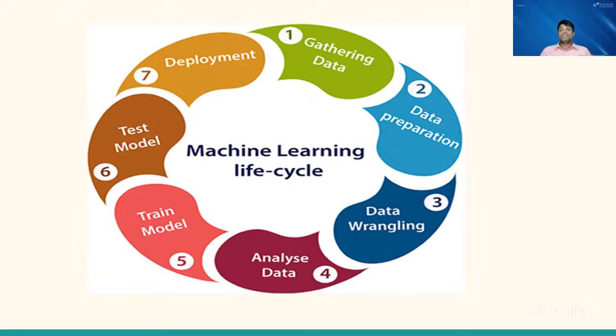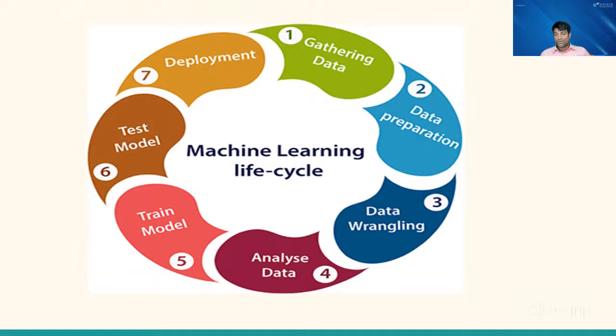Please understand. So then, we start gathering the data or collecting the data based on our requirement. Then we go to the data preparation process, where we adopt different kinds of techniques like cleaning, normalizing, all those things. Then we go with the data wrangling process, all the EDA process. Then we analyze the data, applying mathematical or statistical techniques.